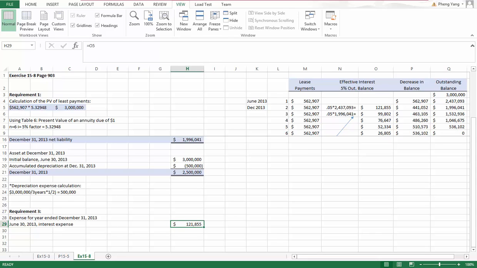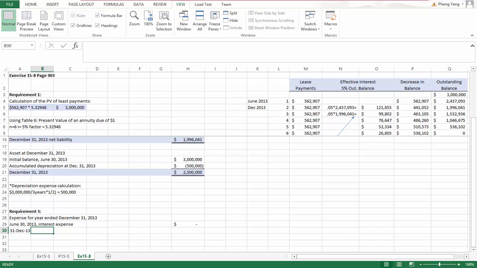On December 31st, 2013, we paid the $121,855.